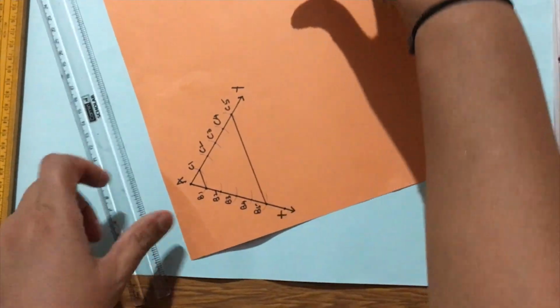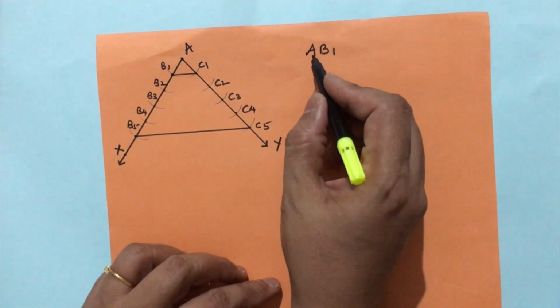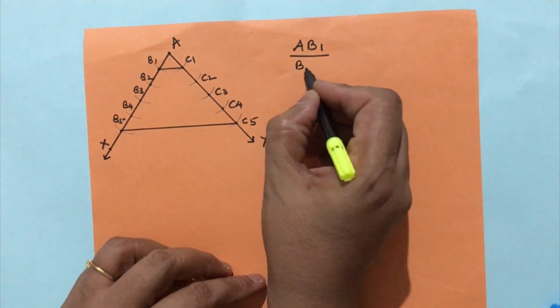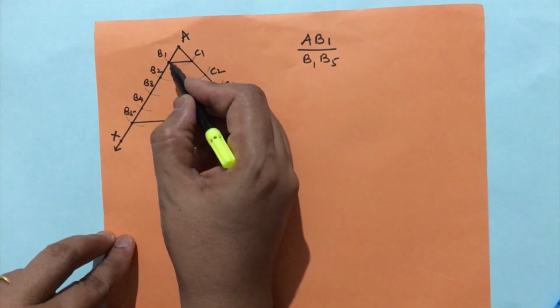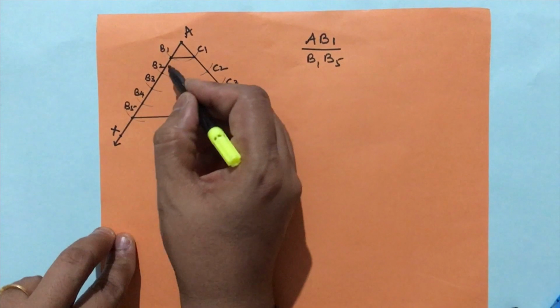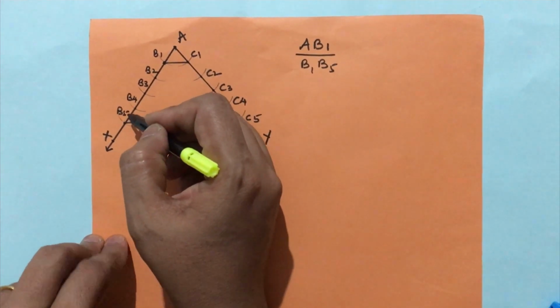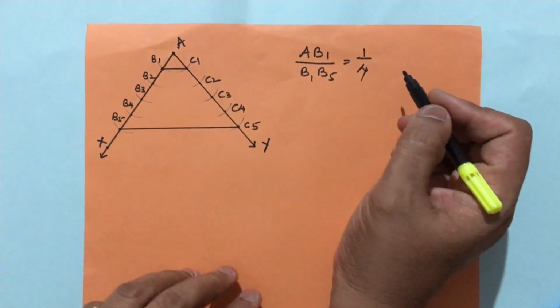When we see this, we can observe that AB1 by B1B5 is one part, and from here to here how many parts are there? 1, 2, 3, 4. It means this is equal to 1 by 4. You can write it.